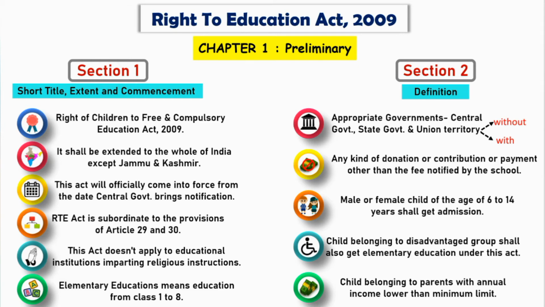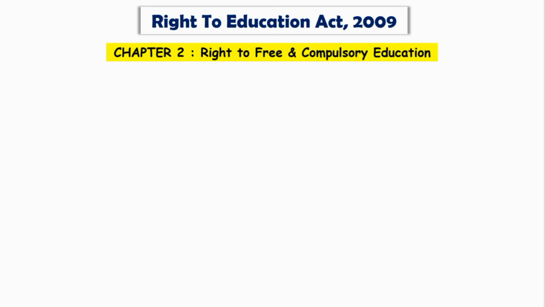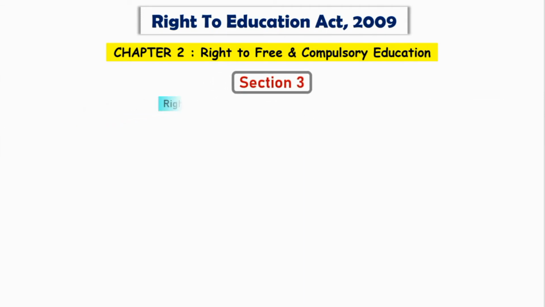Now chapter 2 is about the right to free and compulsory education. This chapter contains 3 sections. Section 3 is the right of the child to free and compulsory education, which we have already discussed in the beginning of this act.